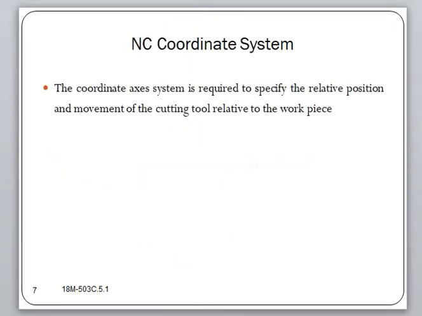NC drill presses are classified as either 2-axis or 3-axis machines depending on whether or not they have the capability to control the Z-axis. A numerical control milling machine and similar machine tools like a boring mill, for example, use an axis system similar to that of the drill press.